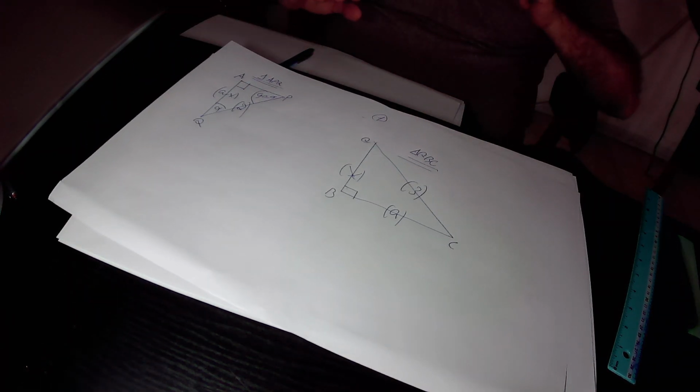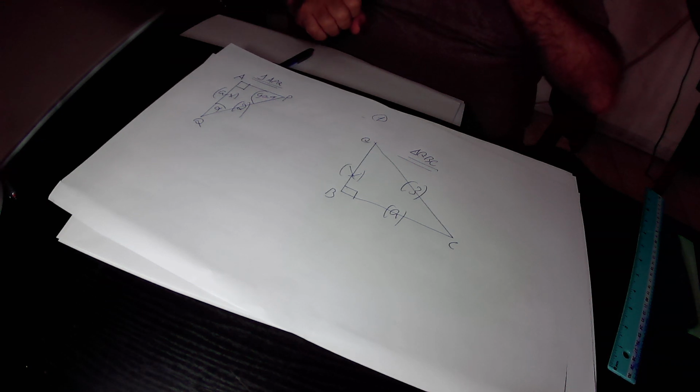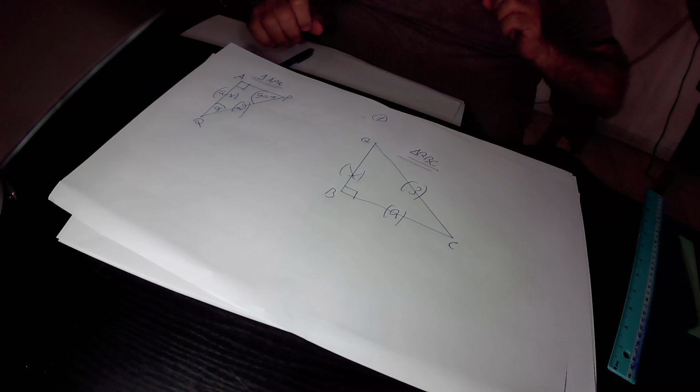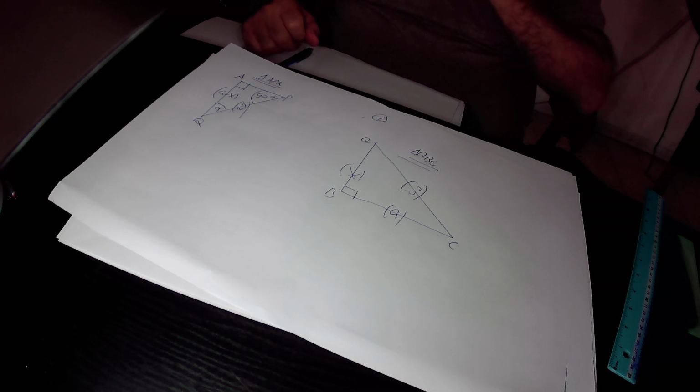So those are the two right triangles. So those two right triangles are similar to each other.